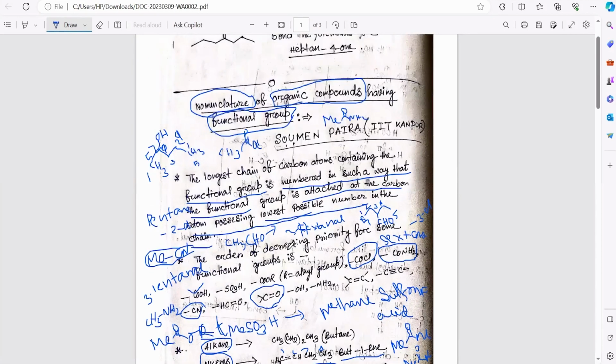Whatever we have discussed so far, in the first slide we discussed nomenclature, how we can give a name to an organic molecule.